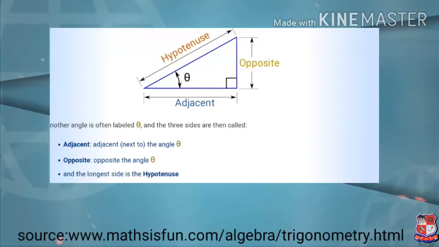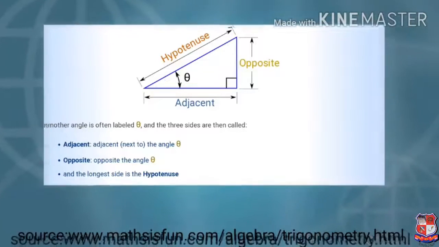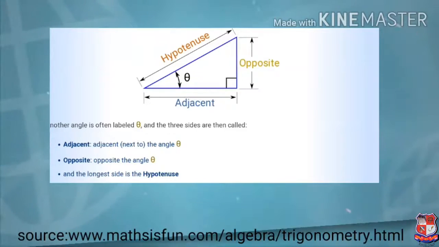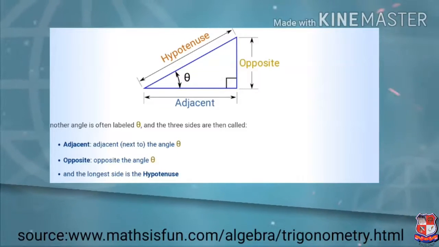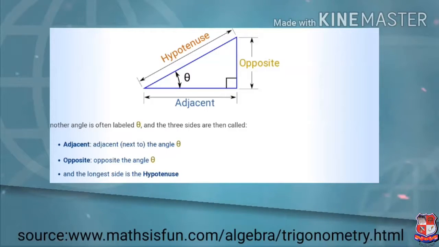For your reference, you can see in the image there is one triangle, actually a right-angled triangle, which has three different sides: one is the adjacent side, second is the opposite side, and third is the hypotenuse.